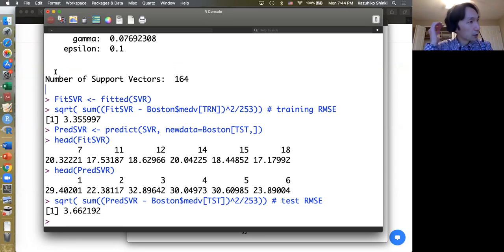Okay, questions? So we covered support vector machines and support vector regressions. SVM for classification, SVR for regression. Also, the textbook has one subsection on the support vector machine for multiple classes, more than 2 classes.